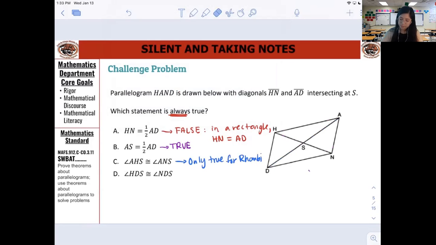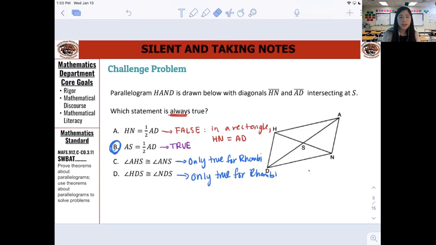And then finally, HDS is congruent to NDS, this one over here. Again, that would only be true in rhombuses. So B is the only one that's true for all parallelograms. AS is 1/2 of AD, mid-segment, or midpoint, I mean.